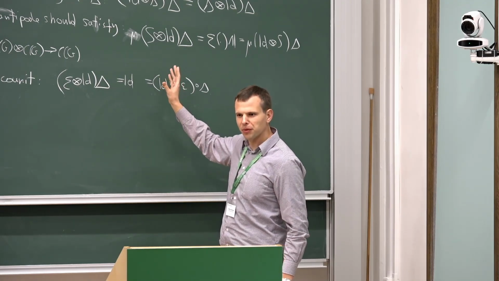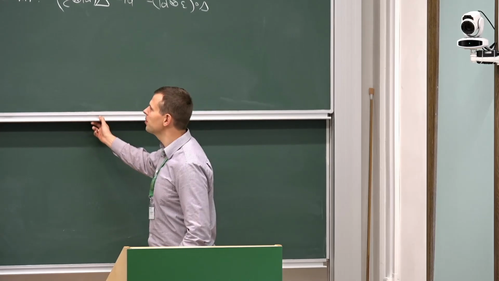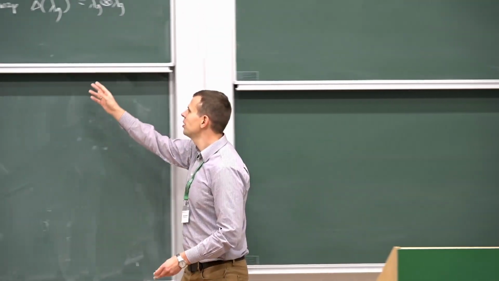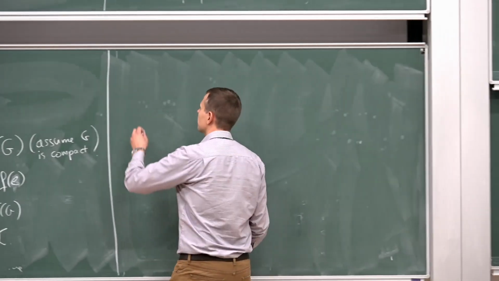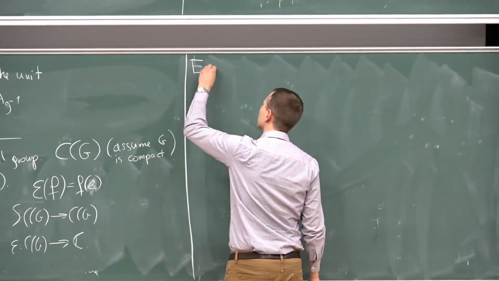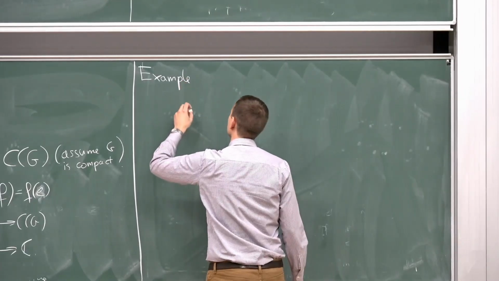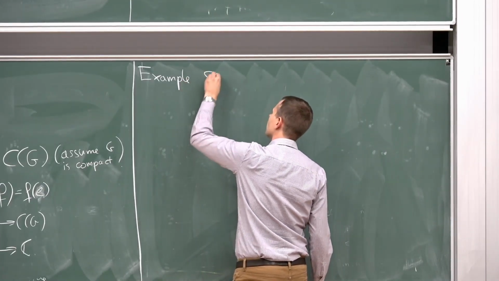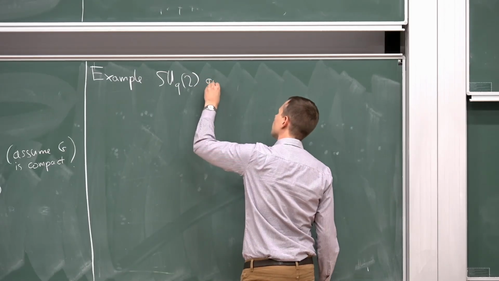And there are some problems if you try this approach, and basically all of them are seen in this famous example of Woronowicz. So like the SU_q(2) quantum group of Woronowicz.